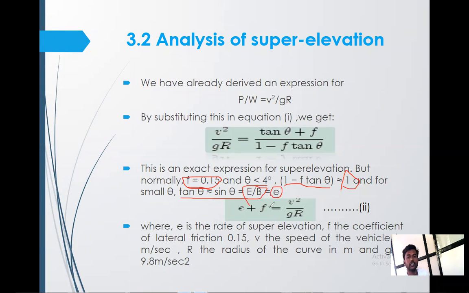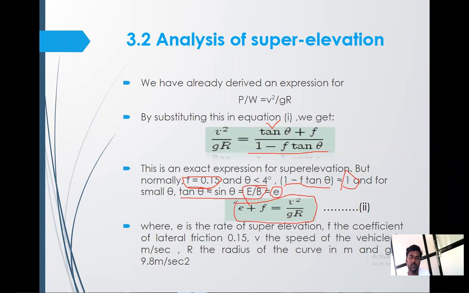So tan theta becomes equal to E, the super elevation. When we place E instead of tan theta and 1 instead of 1 minus F tan theta, our equation finally becomes E plus F is equal to V square upon gR.